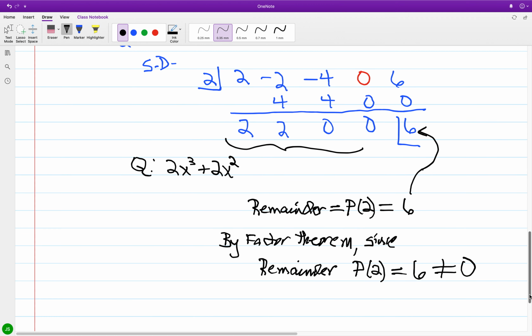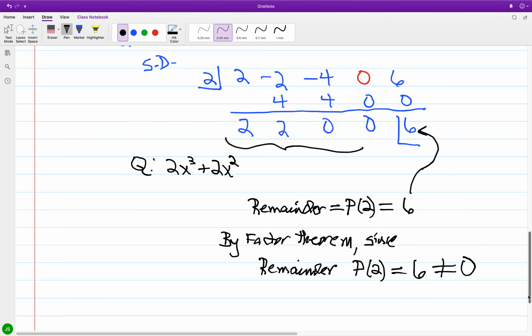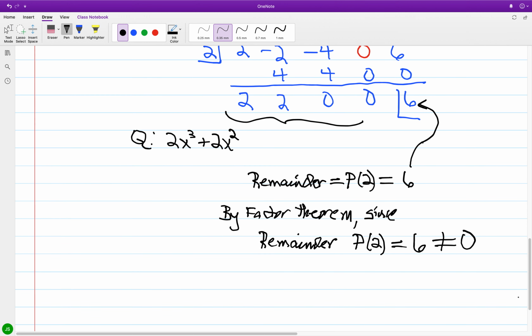If we had a 0 remainder, then the divisor would be a factor of the dividend. Since it does not equal 0, it follows that x minus 2 is not a factor.